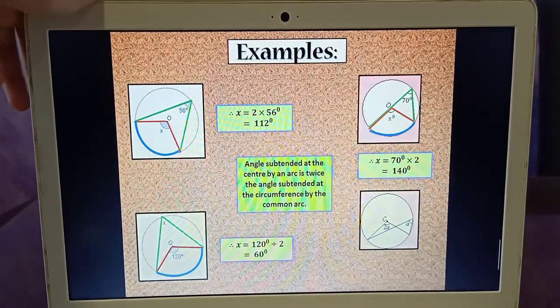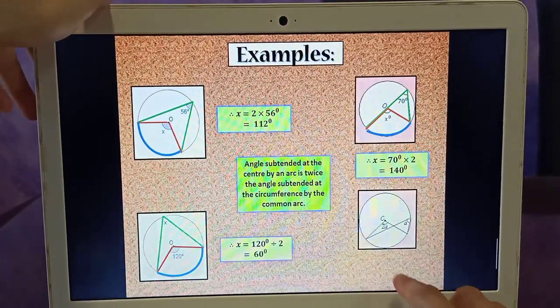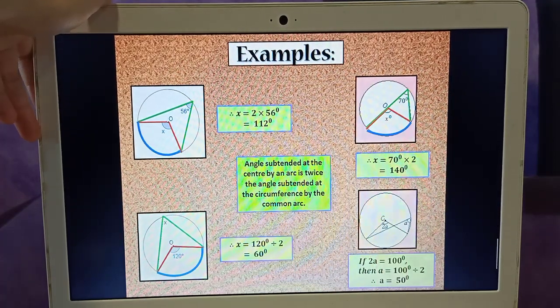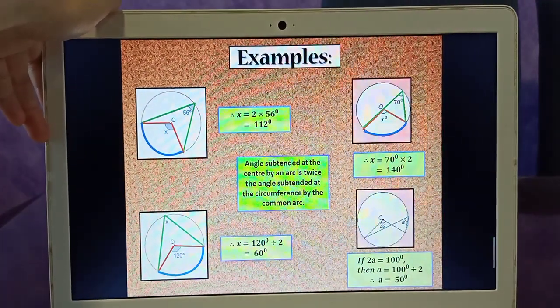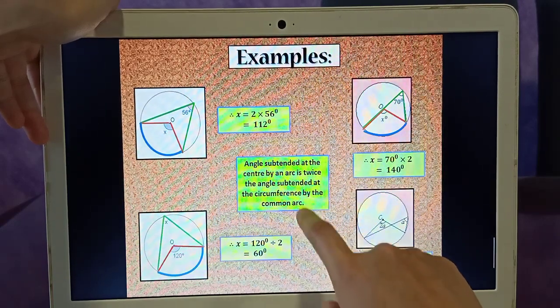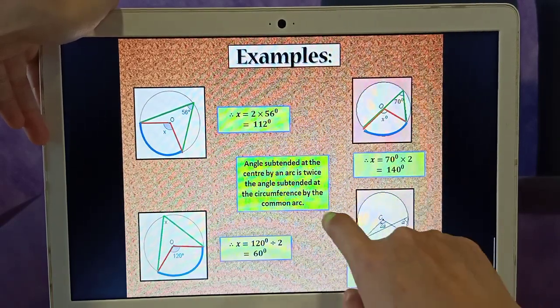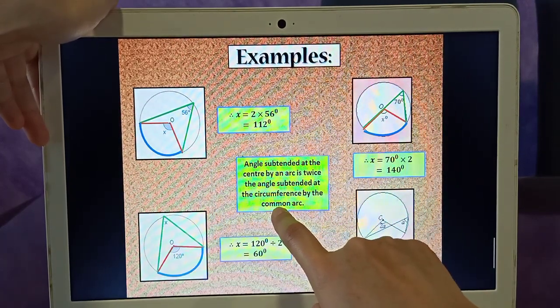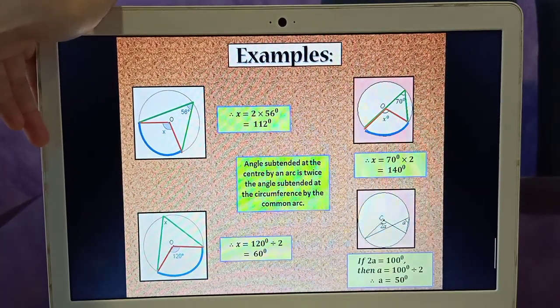And the last one. Okay, so what is the relationship between 2a and a? Of course, we need to see whether this rule can be applied here or not, right? So the main point is, are they subtended by the common arc?